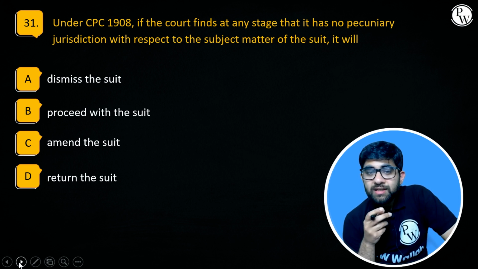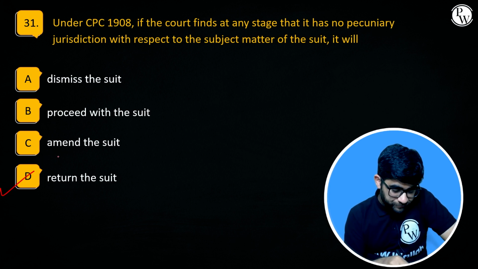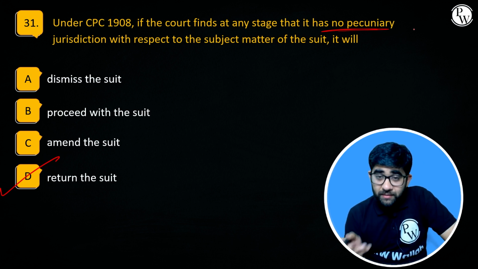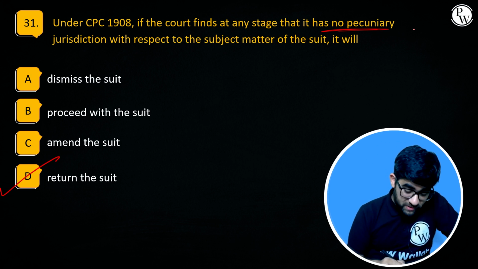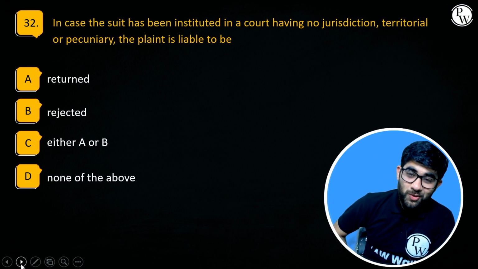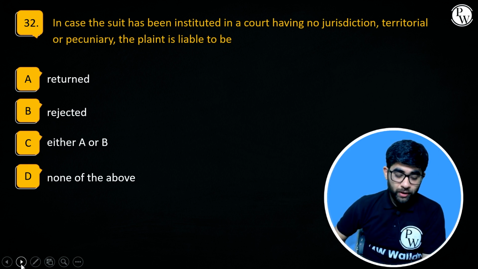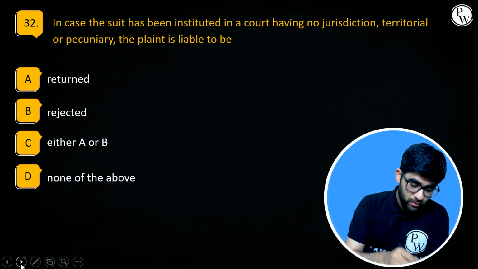The answer to this is it will return the suit because it has no pecuniary jurisdiction, right? Sometimes the same is confusing, right? Next, in case the suit has been instituted in a court having no jurisdiction, territorial or pecuniary, the plaint is liable to be returned.